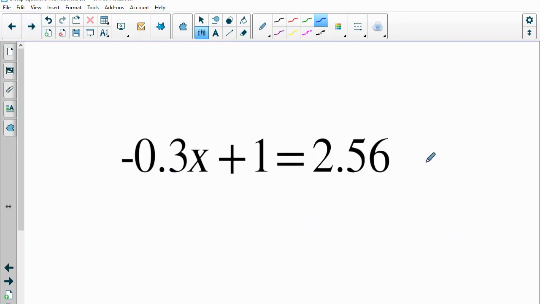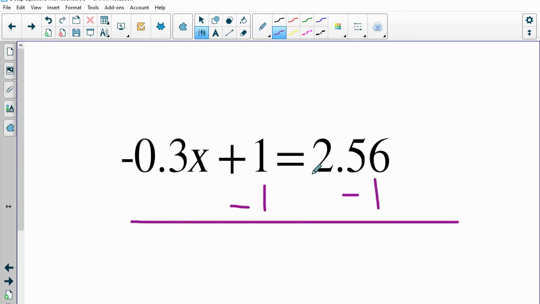How about this one? We've got a decimal and a decimal on this side as well. Let's go ahead and work our way into a solution here. First, we subtract 1, so we get rid of the addition by subtraction. And 2.56 minus 1 equals 1.56.